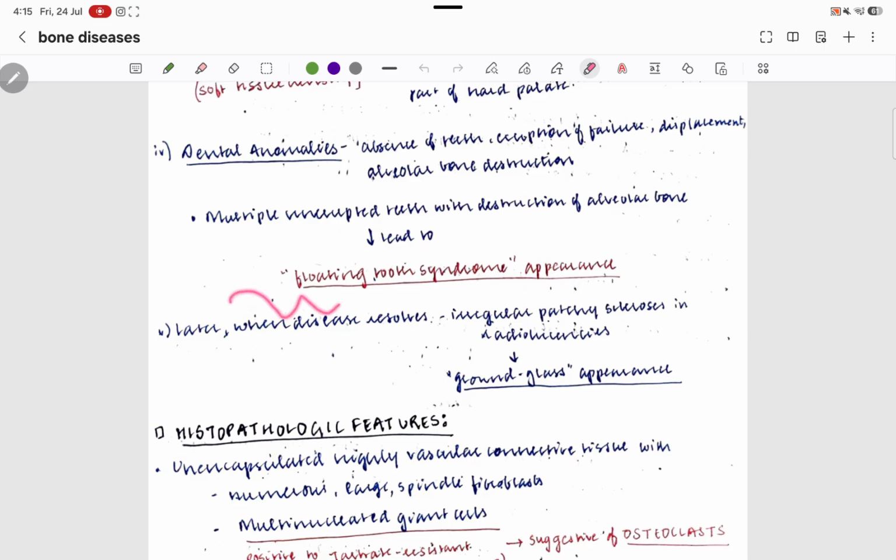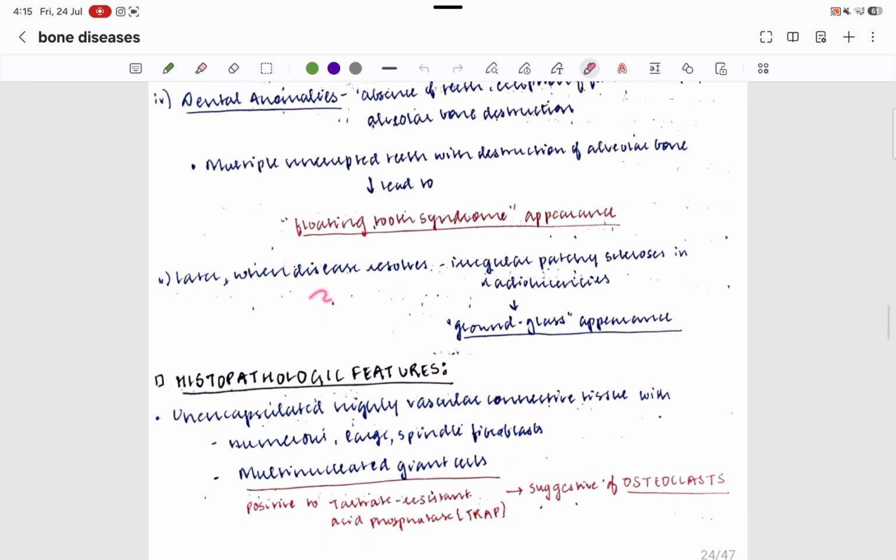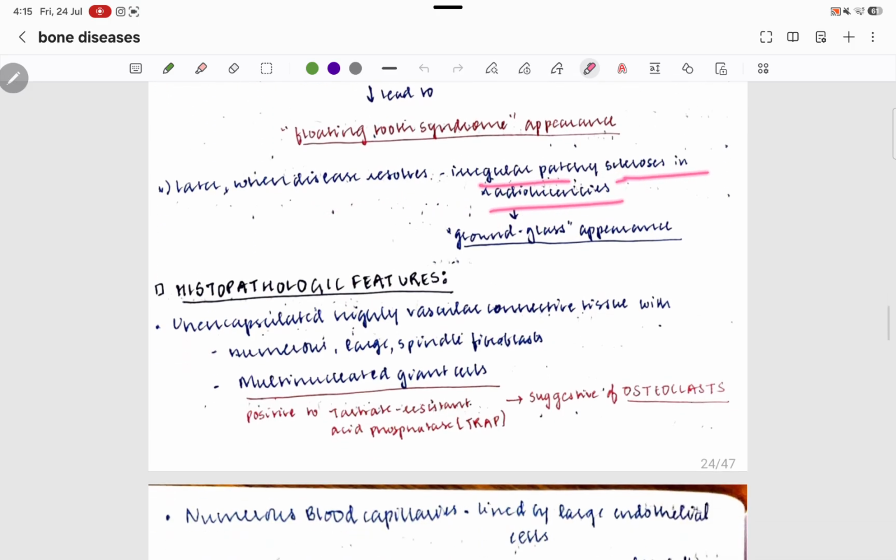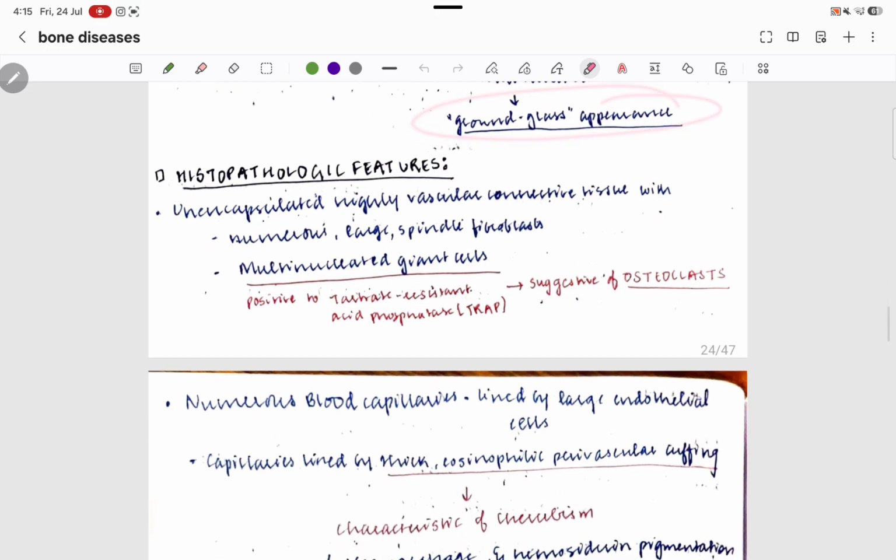So there is a destruction of the bone, and it looks like the teeth are basically floating in the jawbone. Later, when the disease resolves, irregular patchy sclerotic radiolucencies are seen, leading to a ground glass appearance.